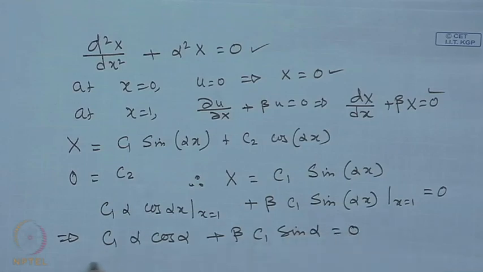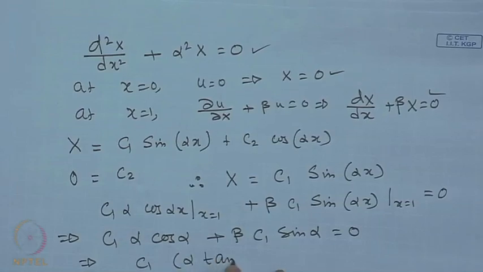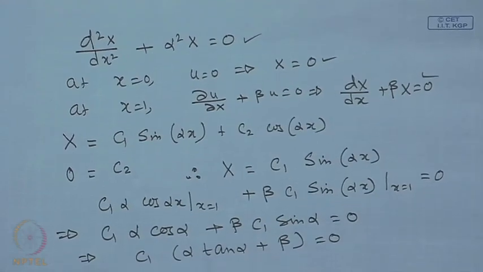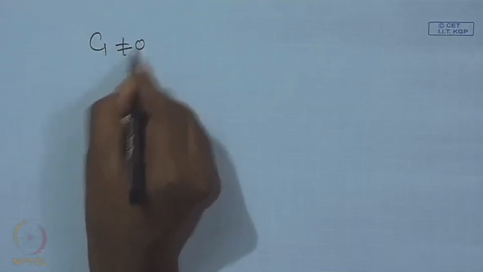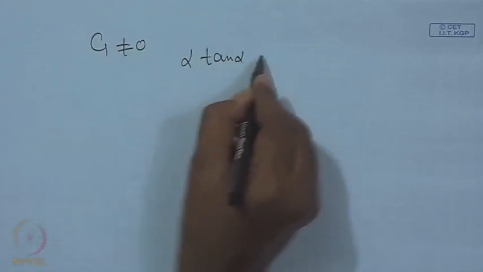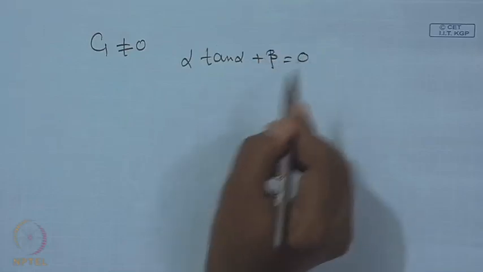So, divided by sin alpha, what you will be getting is C1 (alpha cot alpha plus beta) must be equal to 0. In order to get a non-trivial solution, C1 cannot be equal to 0. So, the solution is alpha cot alpha plus beta must be equal to 0.